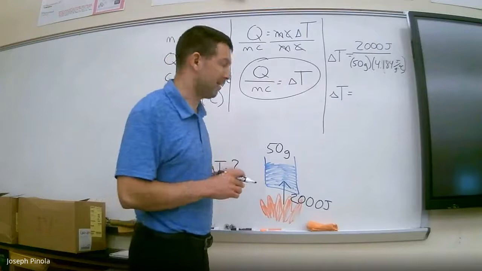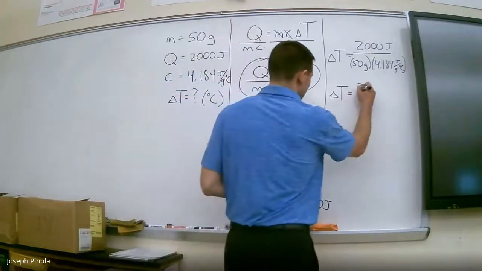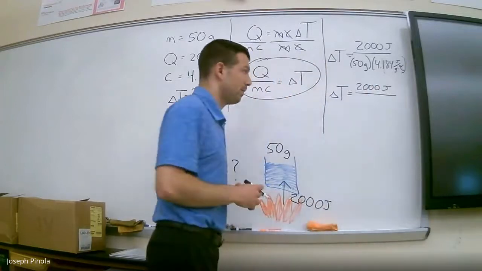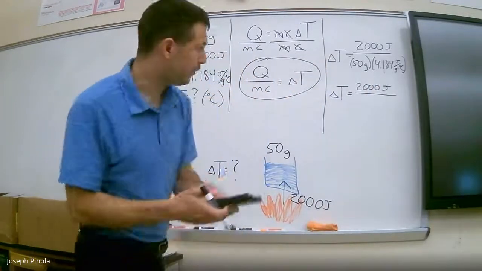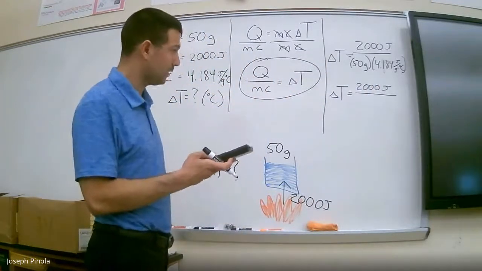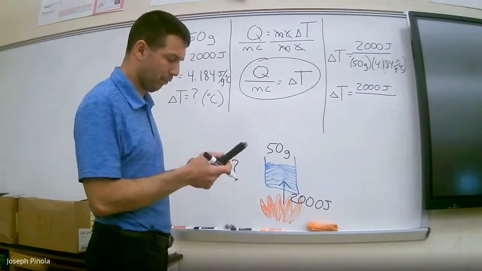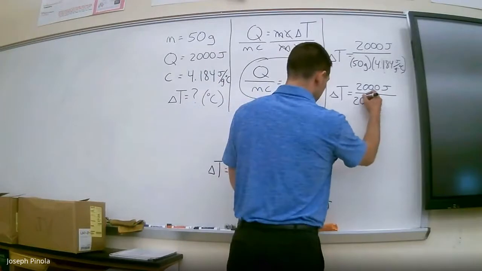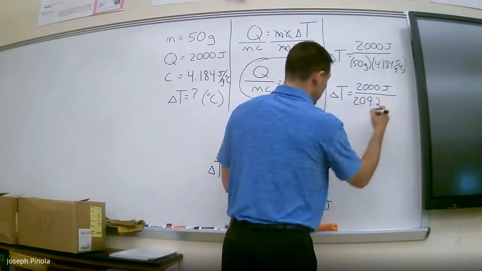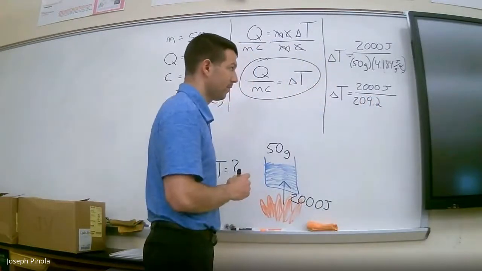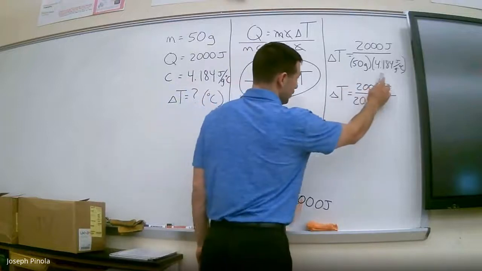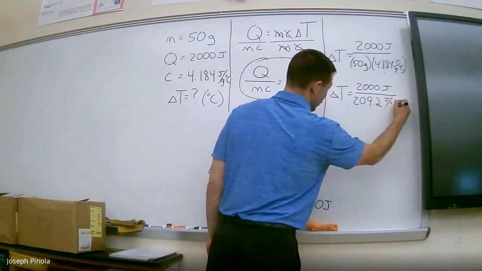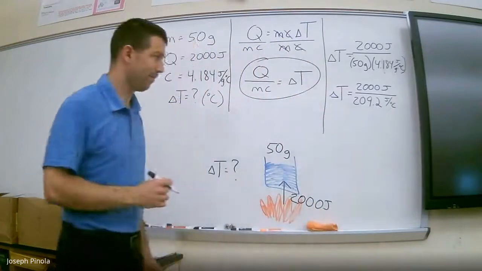So let's see what we get. On the top, it's still 2,000 joules. And on the bottom, it's 50 times 4.184. That gives me 209.2 on the bottom. But notice the grams over grams cancels, so I just have joules over degrees Celsius on the bottom.